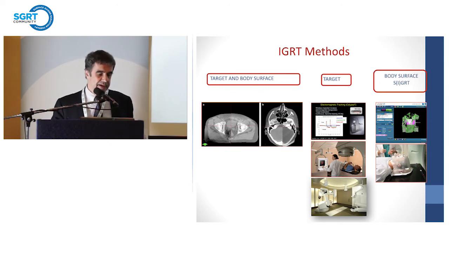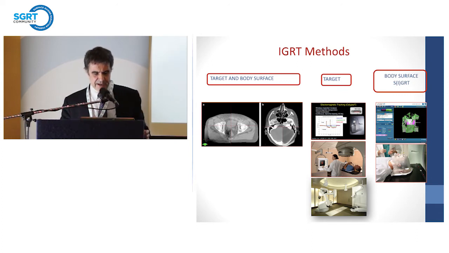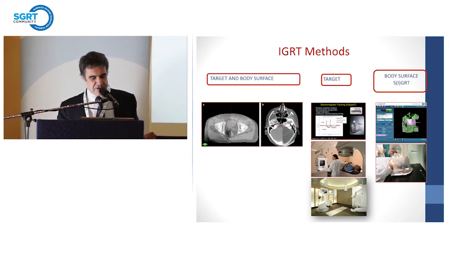We know that we have a number of IGRT methods. We can use methods to identify the target and the body surface, like cone beam. We have other methods just to identify the target, possibly with radio frequency or ultrasound, or by monitoring the movement of the organ through implantation of fiducial markers.